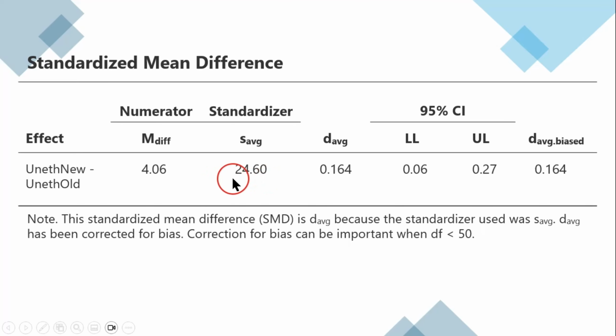The author of the textbook feels that that is the best standardizer when you want a standardized mean difference within a paired design. So for the paired design, the effect size using the average of the two standard deviations as a standardizer gives us the most accurate estimate of that effect size in the population. That's what the author is doing.